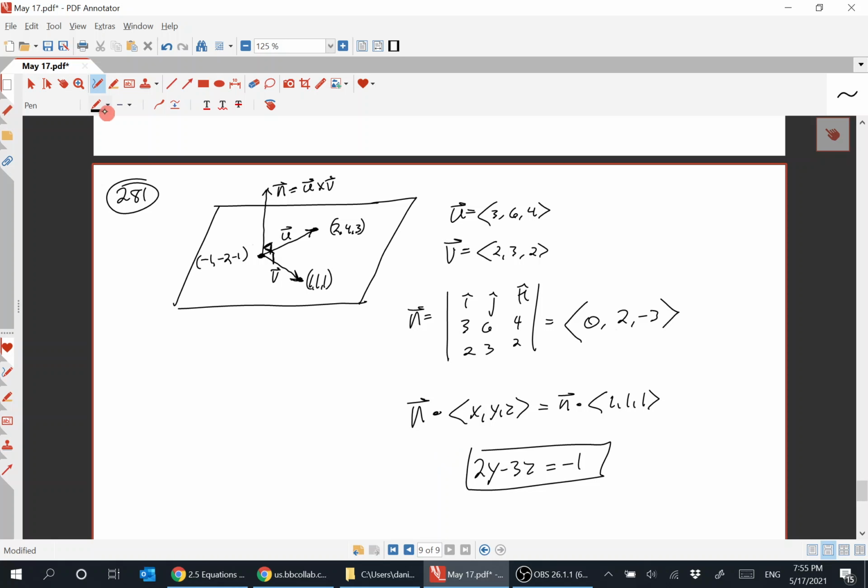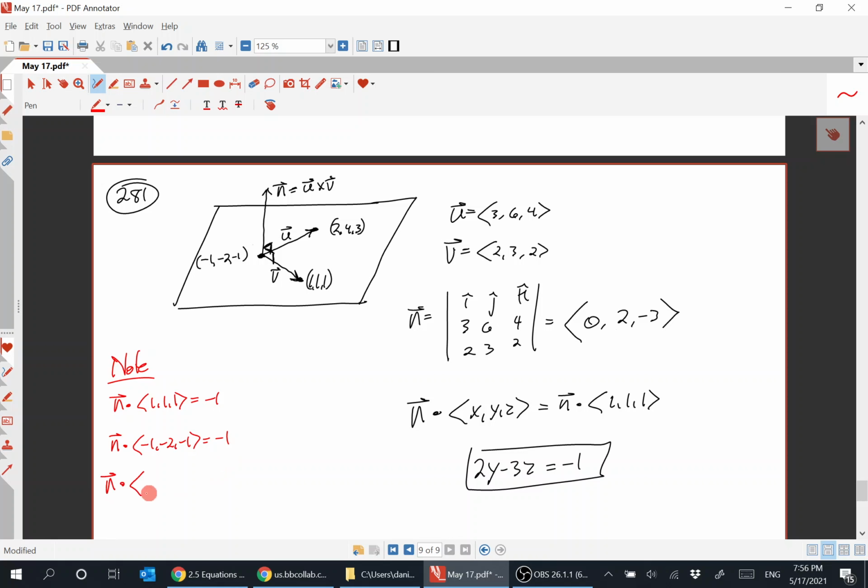By the way, notice, n dot 1, 1, 1 is minus 1. N dot minus 1, minus 2, minus 1 is equal to what? Minus 2 times 2 is minus 4, plus 3 is minus 1.